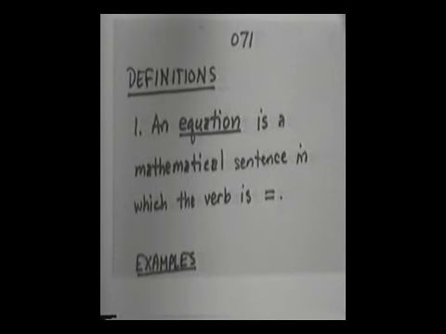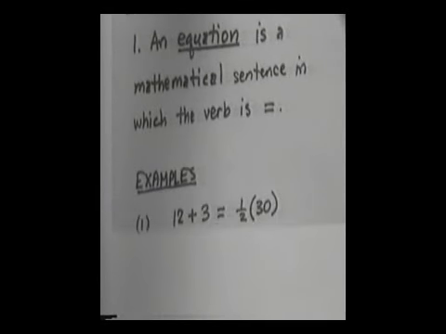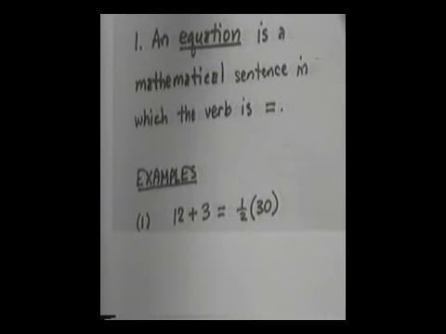Some examples. First example of an equation is 12 plus 3 is equal to 1/2 times 30.